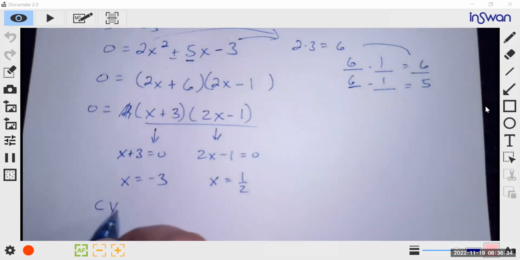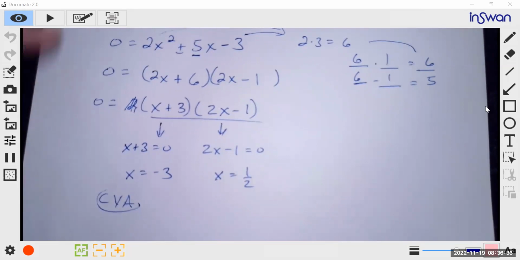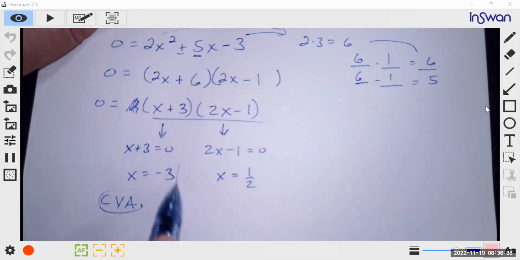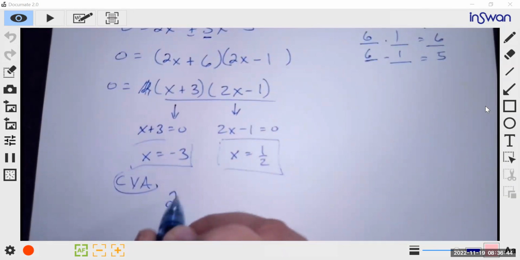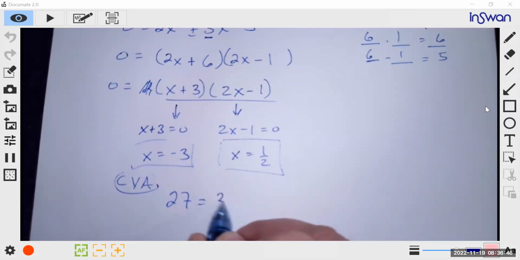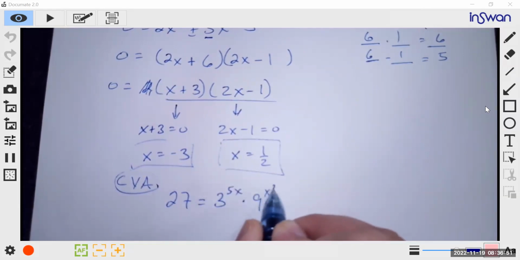Again, check your answers. These are 2 possible answers. Check your answers against the original. 27 equals 3 to the power 5x, 9 to the x squared.